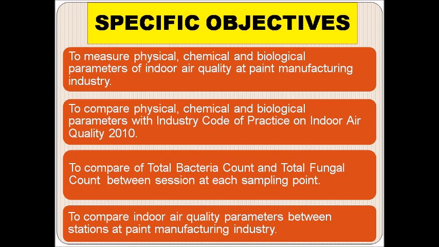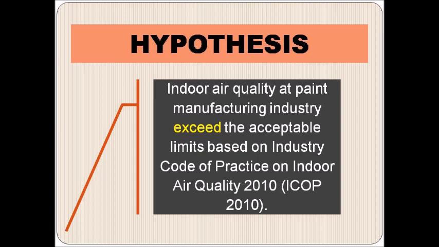Third, to compare total bacteria count and total fungal count between sessions at each sampling point. Last, to compare indoor air quality parameters between stations at the paint manufacturing industry. Hypothesis: indoor air quality at the paint manufacturing industry exceeds the acceptable limit based on the Industry Code of Practice on Indoor Air Quality 2010.